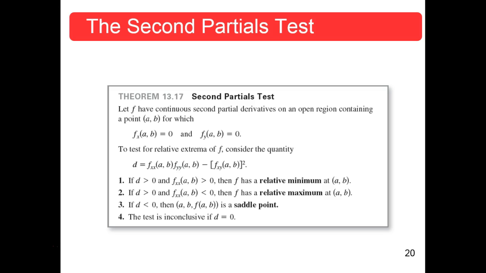It says a convenient device for remembering this is to write the determinant. And D is a pretty decent thing to do. The determinant of f sub xx, f sub xy, f sub yx, f sub yy. Now they're, of course, all at the same point. Let's just call it (a, b).